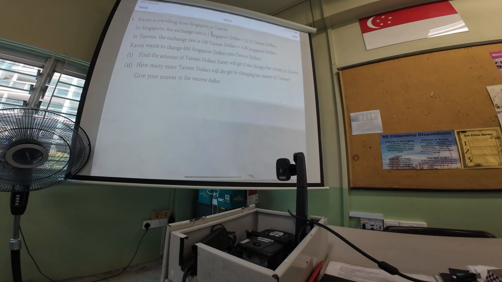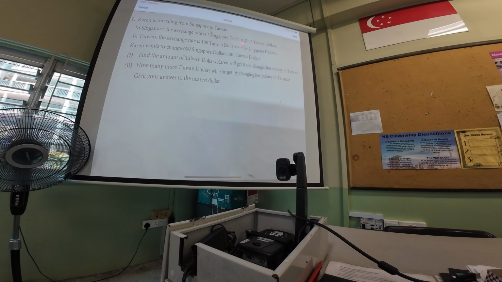Your first part, just go and do first. They give you clear instruction. In Taiwan, how much will she get? And in Taiwan, you don't use the first line of exchange rate. The first line of exchange rate is for changing in Singapore. This one, the first line is Singapore.